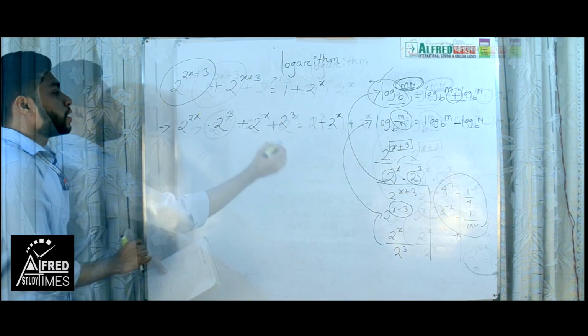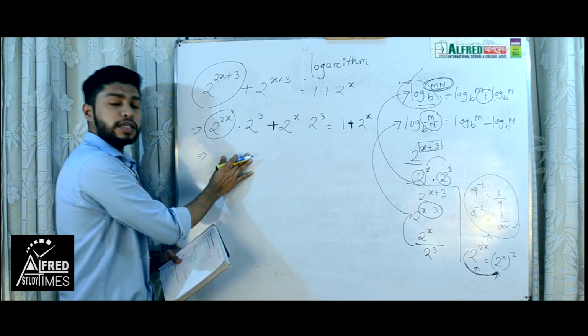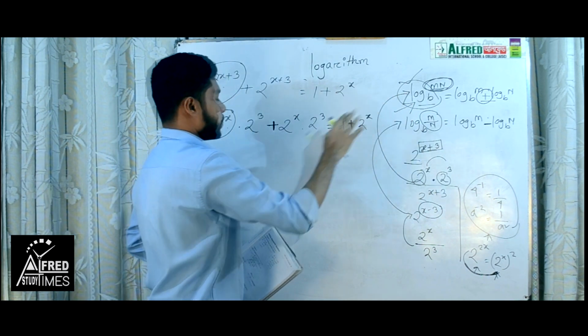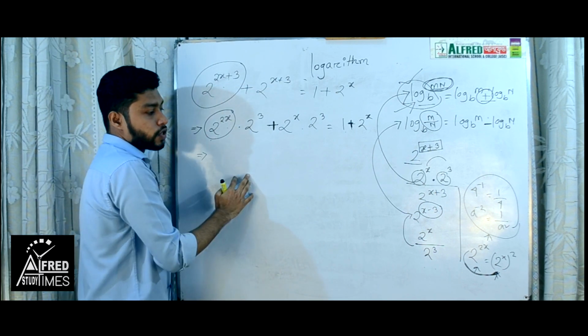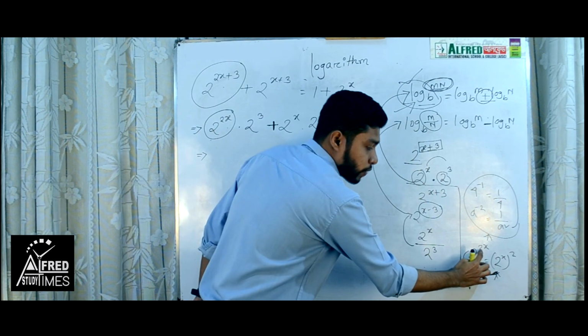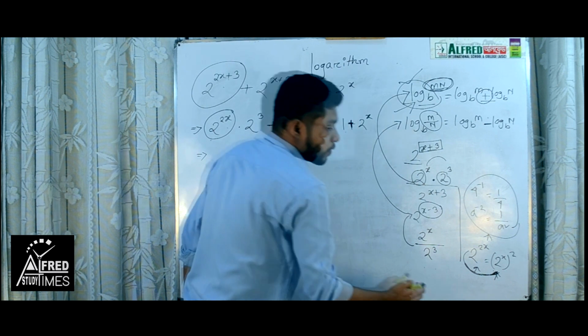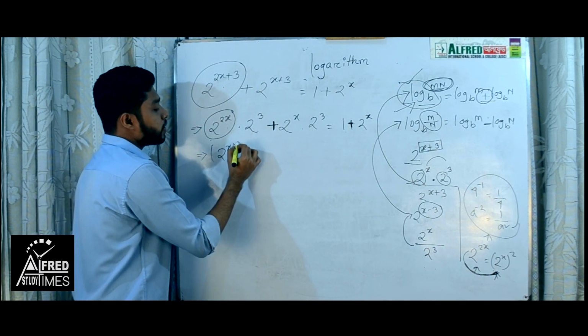Now, as in the previous math, both are similar, because here is my formula. So we can write 2 to the power 2x is equal to 2 to the power x whole square. So both are same. Don't panic, just write it here: 2 to the power x square.